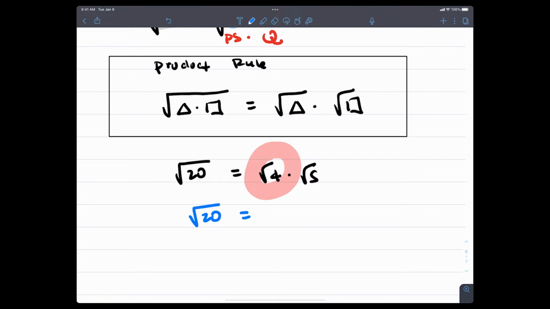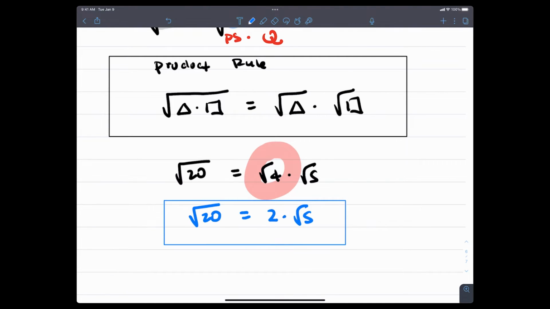The square root of 20 is 2 times the square root of 5 when simplified. Square root of 20 is what? 2 times the square root of 5.